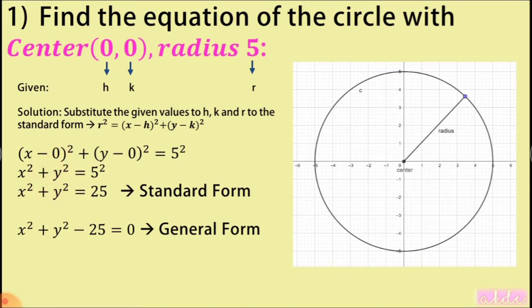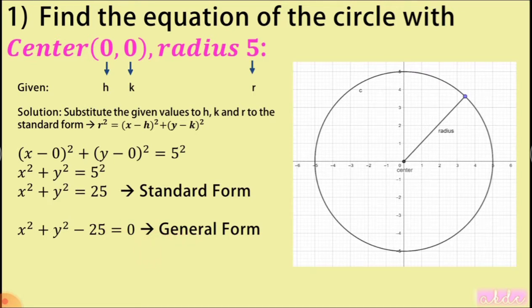So what we only have is x squared plus y squared, then transpose positive 25 to the left hand side of the equation, so it will become negative 25 equated to 0. So this is the general form. X squared plus y squared minus 25 equals 0.